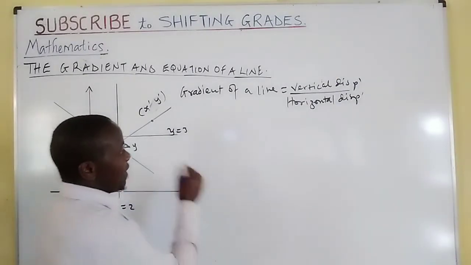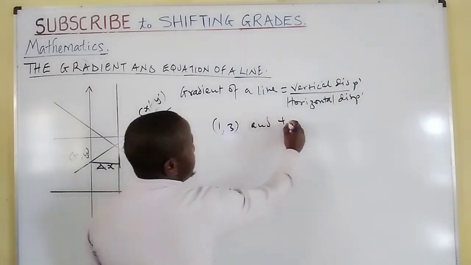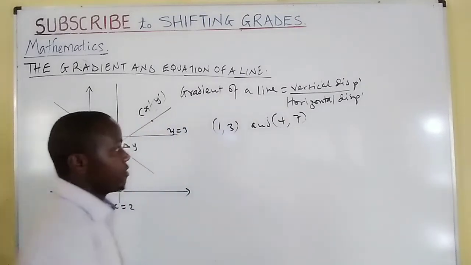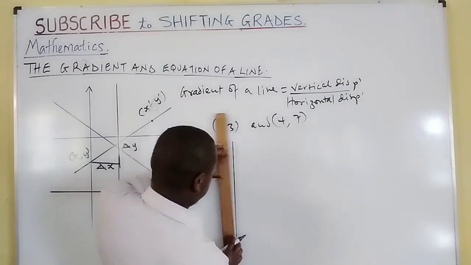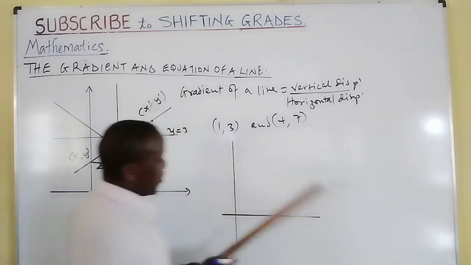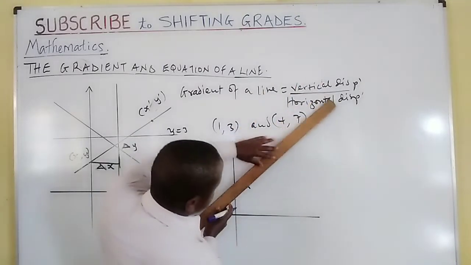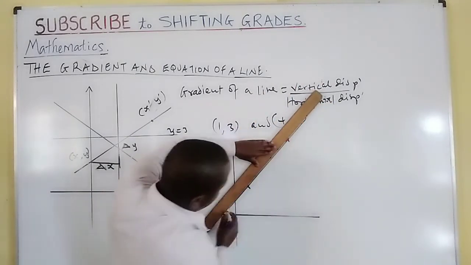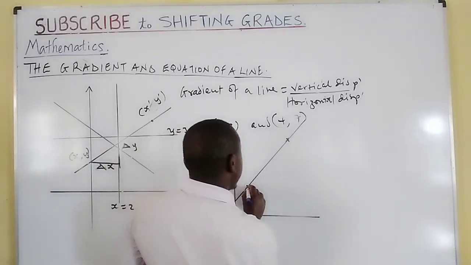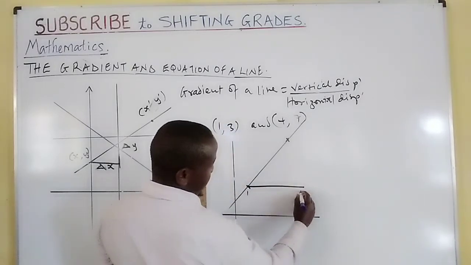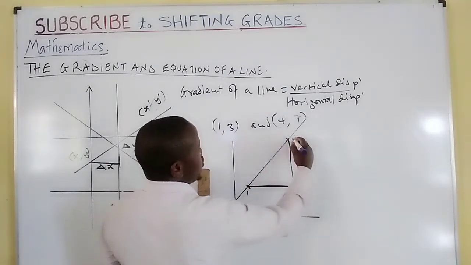So we are arguing this: if you have a line with coordinates (1, 3) and (4, 7), for example, as you go along this line, it has displaced from x being 1 to x being 4, and it has displaced from y being 3 to y being 7.